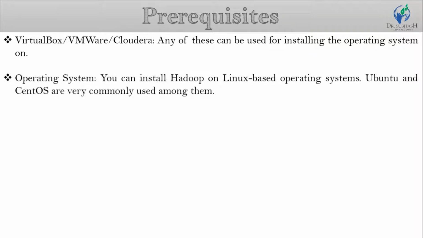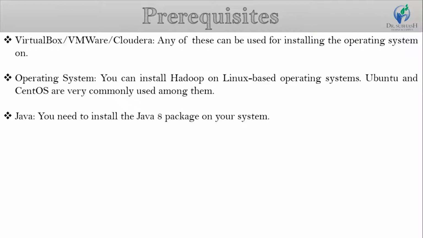You can install Hadoop on a Linux-based operating system, Ubuntu and CentOS being very commonly used among them. In this tutorial, we have used CentOS. Next is Java. You need to install the Java 8 package on your system. Next is Hadoop. You require the Hadoop 2.7.3 package.